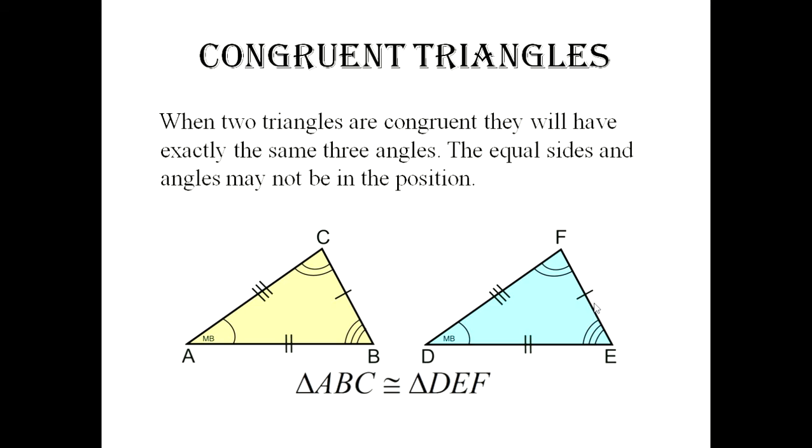So both of the angles are equal. So if three corresponding sides and three corresponding angles of two different triangles are equal, we can say that the two triangles are congruent. Here it is written that triangle ABC is congruent to triangle DEF. So this is the congruency sign.